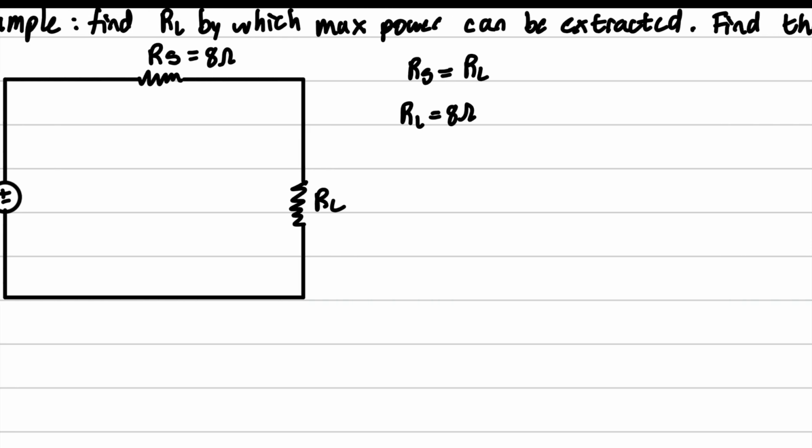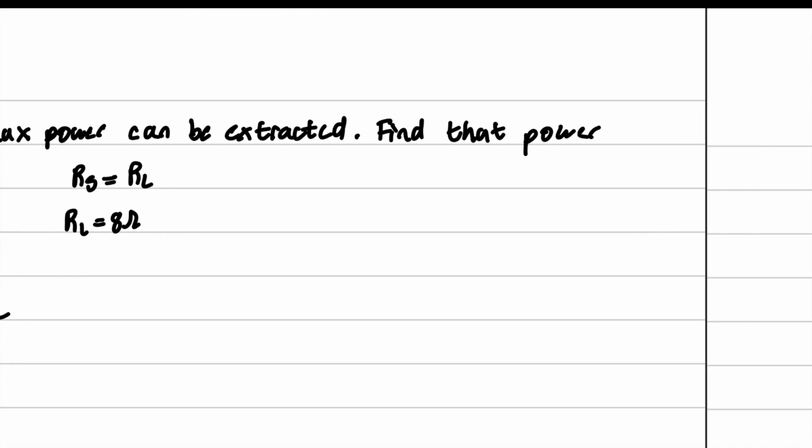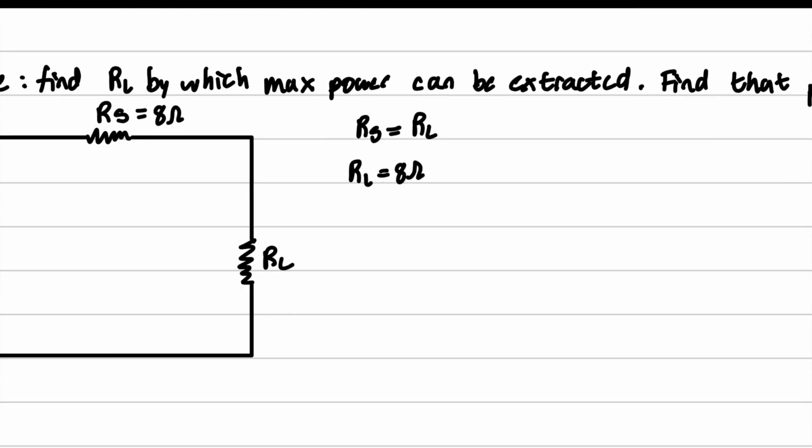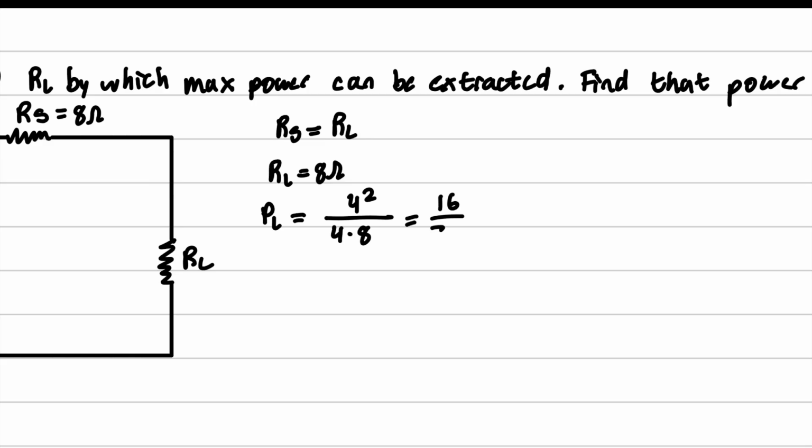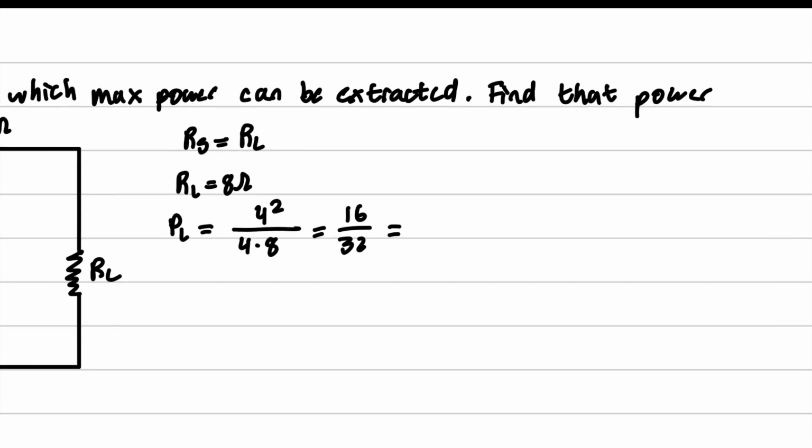And we are also asked to find that power. So using the equation that we just derived, PL equals Vs squared, which is 4 squared, over 4 times 8, equals 16 over 32, or 0.5 watts.